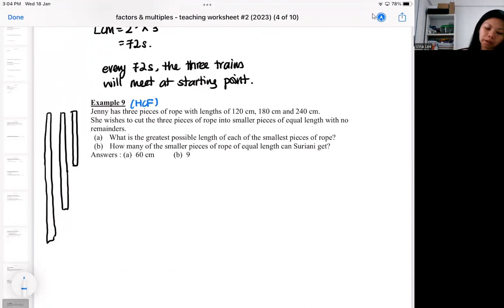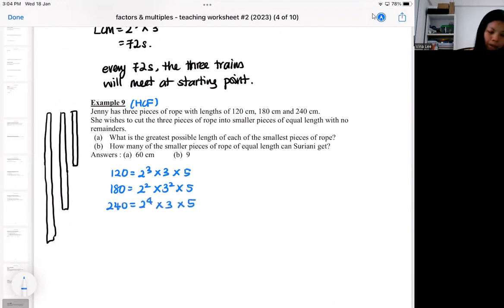So if you know that it's a HCF question, okay, do your prime factorization first. Make sure you arrange them in such a way that you can compare to get the HCF. So the HCF is the lower power.